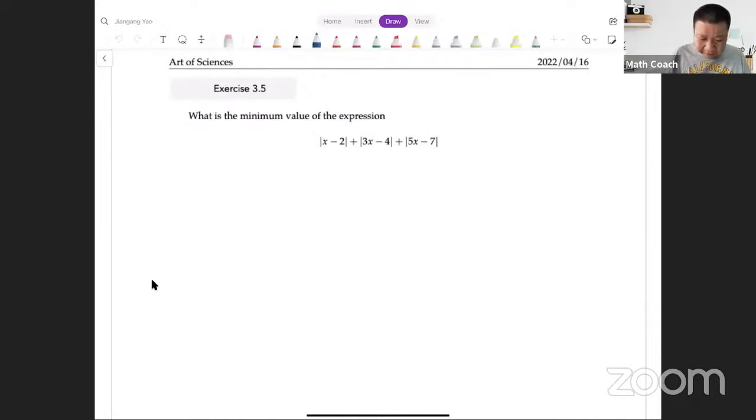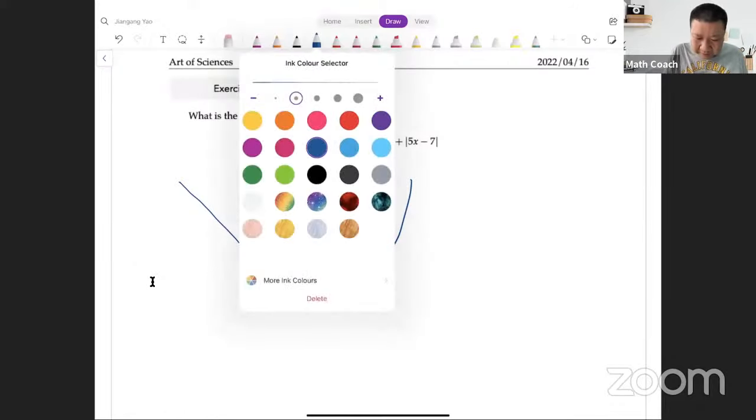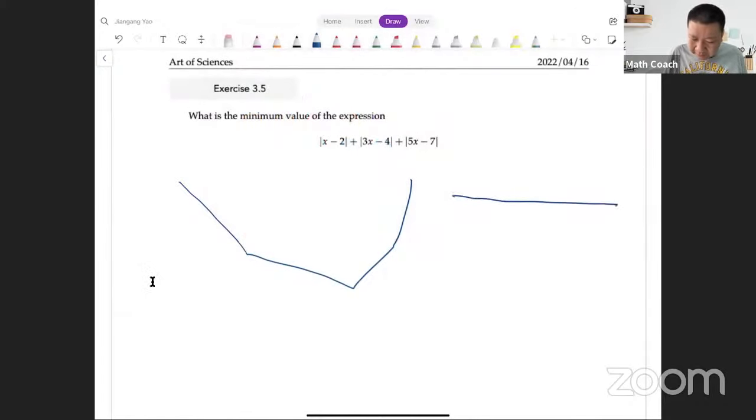For these kinds of zigzag lines, the reason they change slope is that the numbers inside the absolute value go from negative to positive, etc. So in this sense, what we need to quickly get are the zero points. One is 2, and actually 2 is the largest one, and then the other is 4/3, and that one is 7/5.